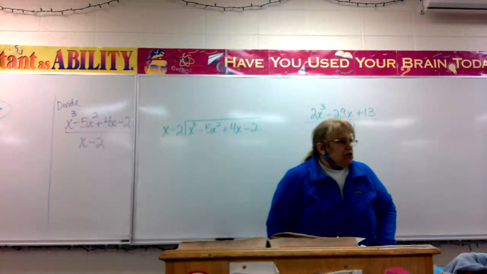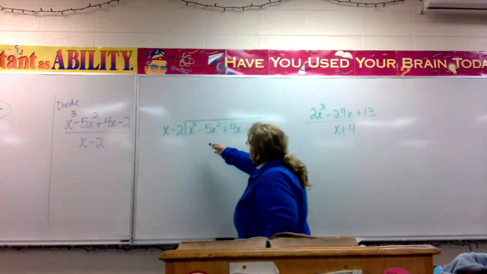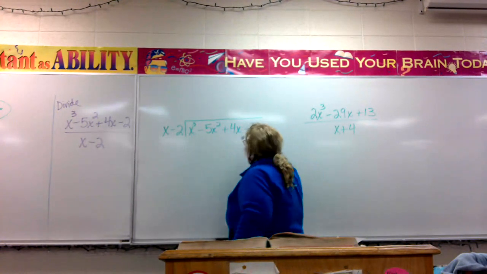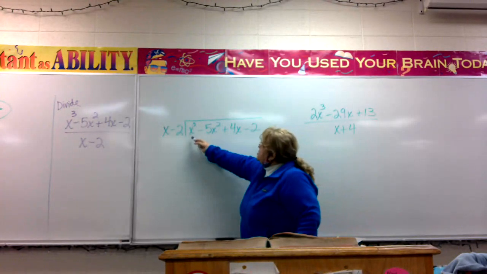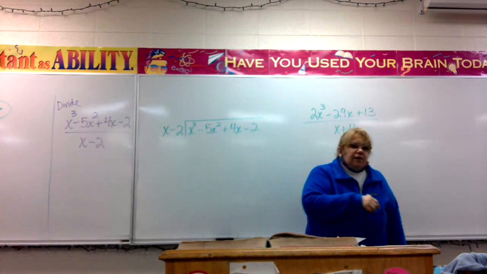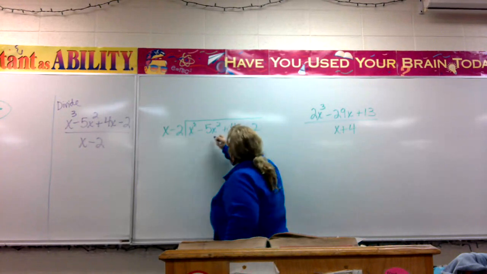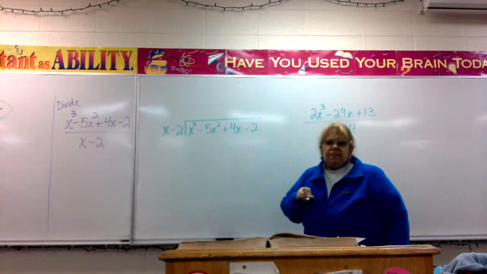One thing you want to make sure of, are you listening? When you put these in here, they have to go in order. You start with your biggest power of x, which is x to the third, and they have to go in order down from there. So x to the third, x to the second, x to the first, x to the 0.